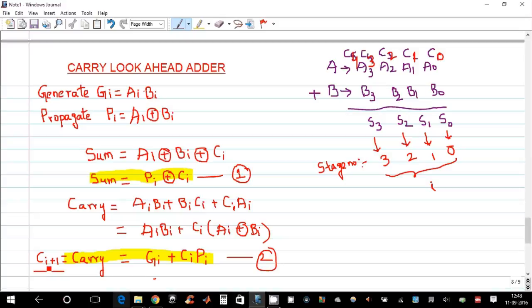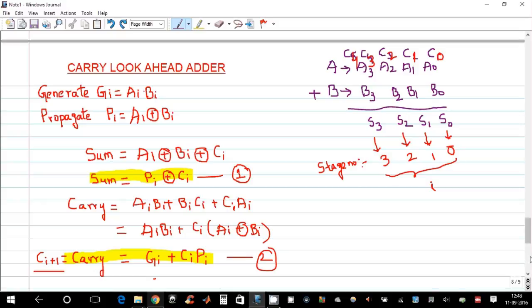Similarly for stage 1, i is 1 here, which results in the carry out C2. So C2 is equal to G1 plus C1 P1, everything in terms of 1. This is a simple modification. Nothing else has been done, we have just replaced all the carry inputs here.